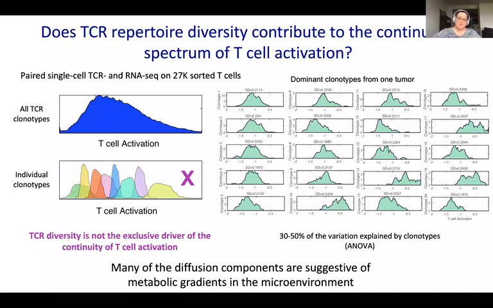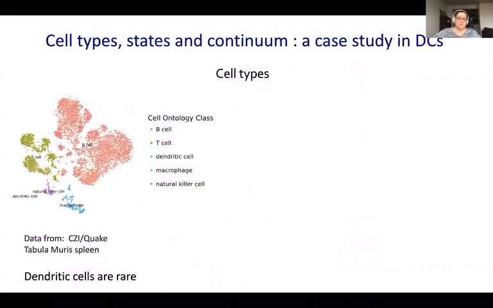And moreover, this wouldn't explain all the many other diffusion components that are really suggestive of metabolic gradients related to inflammation, hypoxia, as well as many other metabolic features such as energy metabolism.